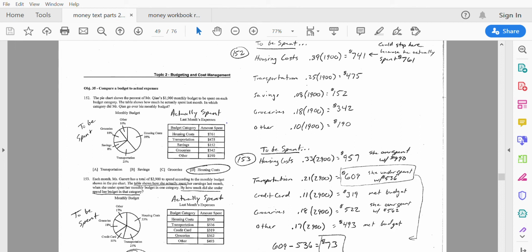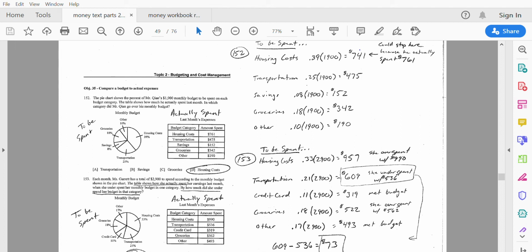So we want to know how much he's budgeted for each of these based off the percentages. It's based on the $1,900 that he has to spend each month. So we take the percentage in the pie chart, move the decimal to the left twice to make a decimal, and then multiply by this. So we take this housing cost, change that to 0.39, times 1,900, and we get 741.